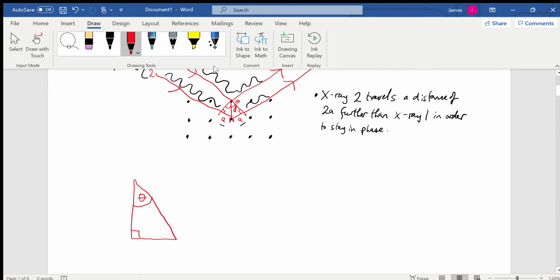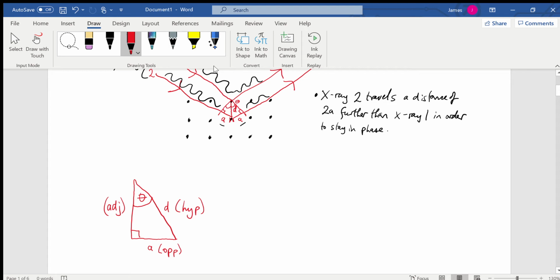Applying trigonometry, this long length is d, the hypotenuse. We've got an angle here, so this side opposite the angle, which we know is a length a, is our opposite. And the other side, that's not the hypotenuse and not the opposite, must be adjacent. So we've got the hypotenuse d, the opposite a, and an angle theta.